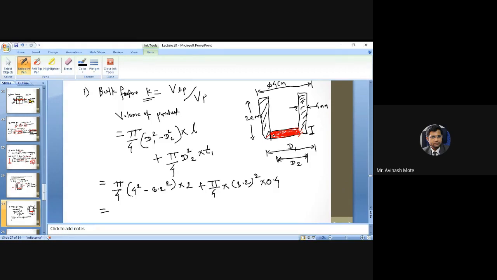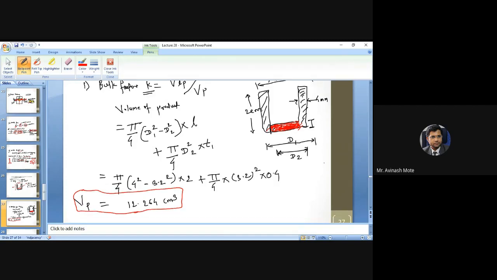So this will come out as pi by 4 into 4 square minus 3.2 square into 2 plus the base, 12.264 centimeter cube volume of product. This will be our first part, the calculation of volume of the product.